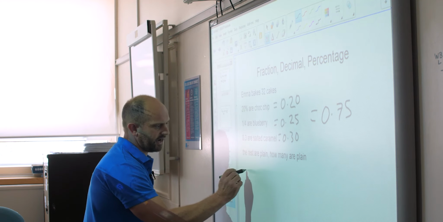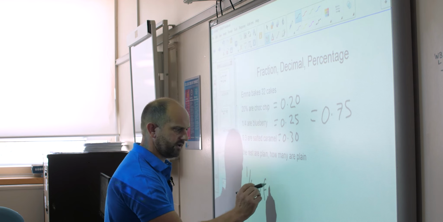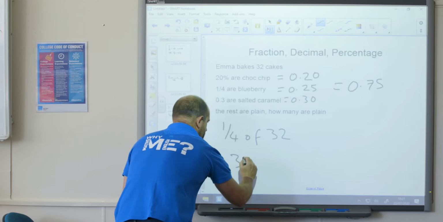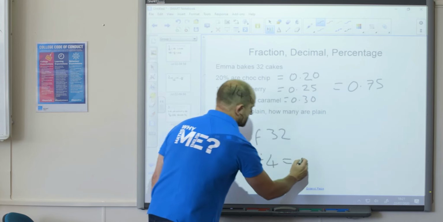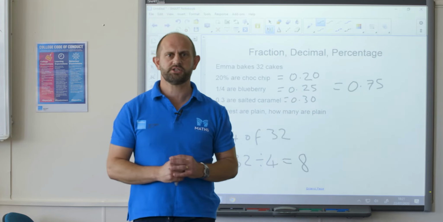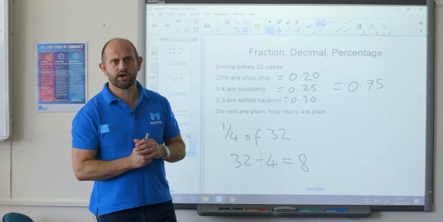So all I need to work out now is a quarter of 32. So that's 32 divided by 4, so that equals 8. So 8 of my cakes are going to be plain. And that's a typical exam style question.